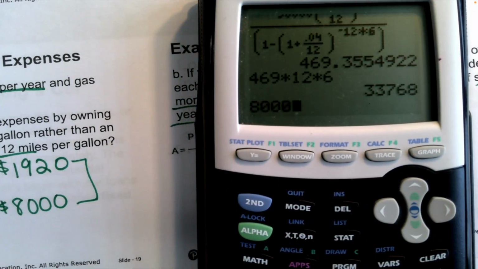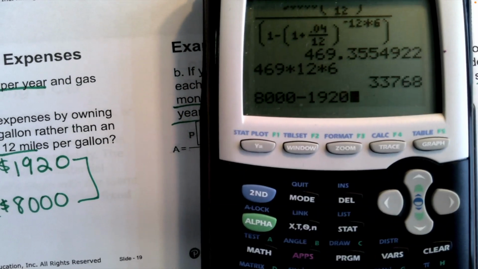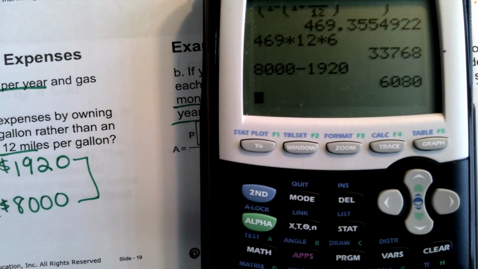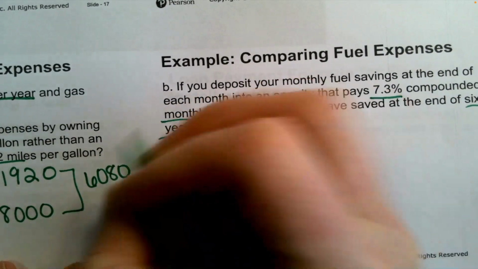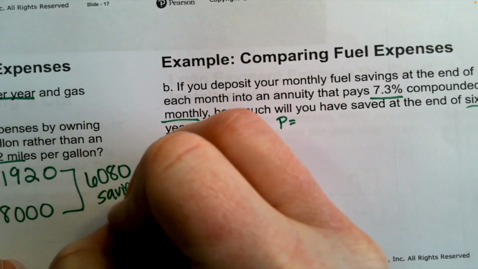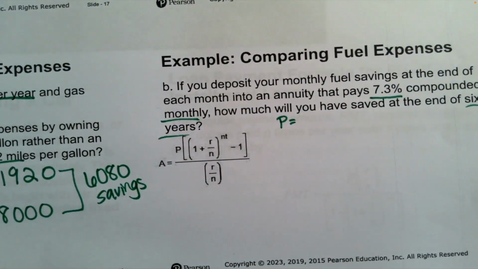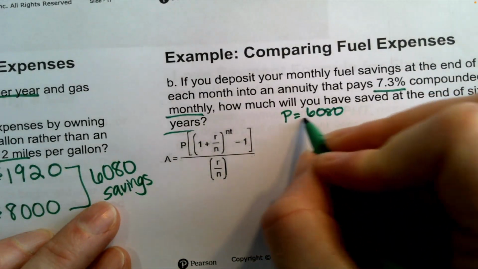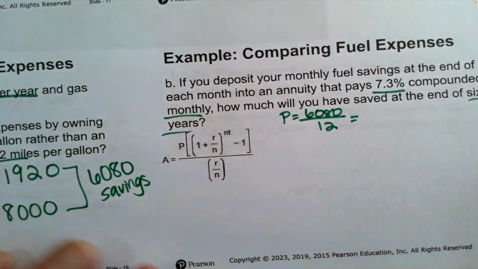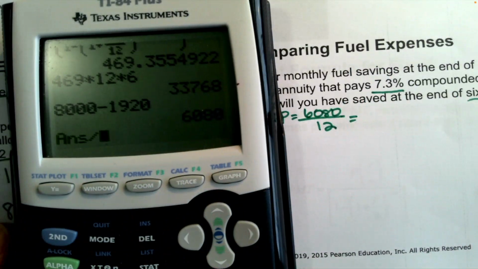So 8,000 minus 1920. So it's 6,080 is the difference. Is how much you could save by buying the hybrid. So then you've got to divide that per month to figure out how much you could put in there per month.